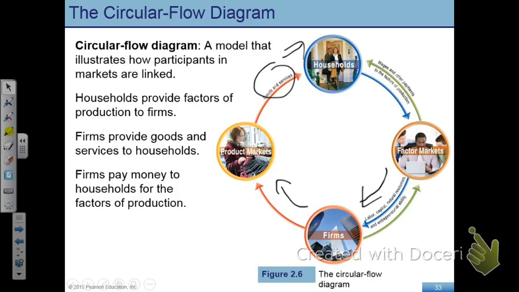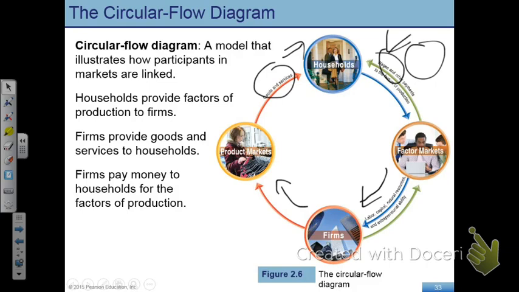But none of this flow would be completed without any kind of financial transaction. The outer flow really captures those, the flow of financial resources. For example, when our household is supplying land, labor, and capital, our household is receiving payments for those, such as wages, such as interest payment, something that we are going to look at later.